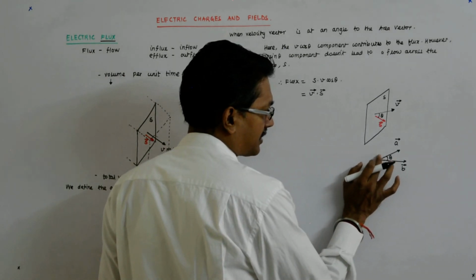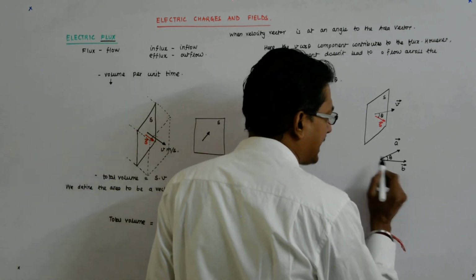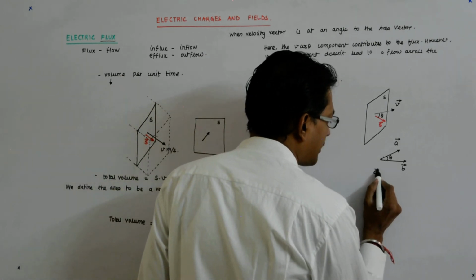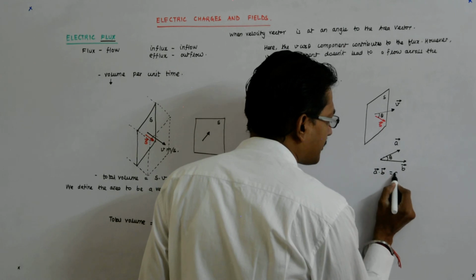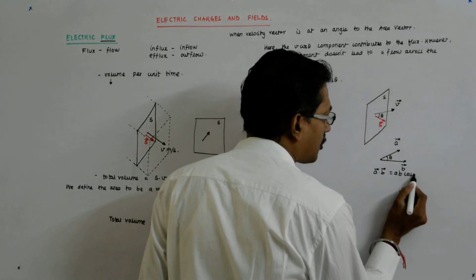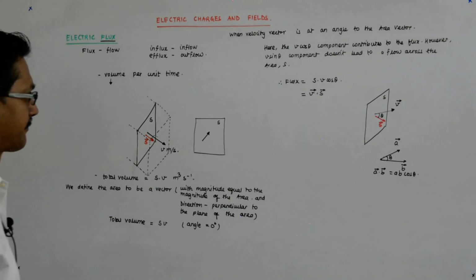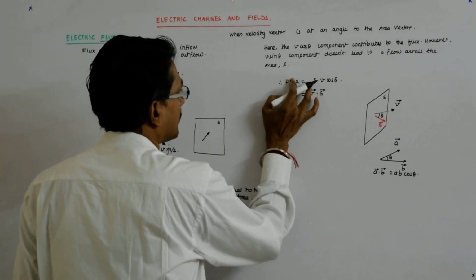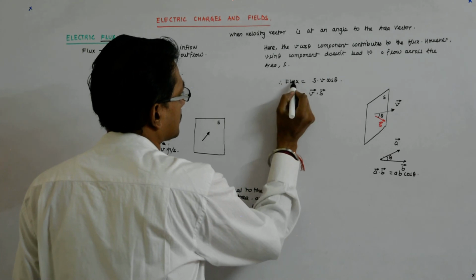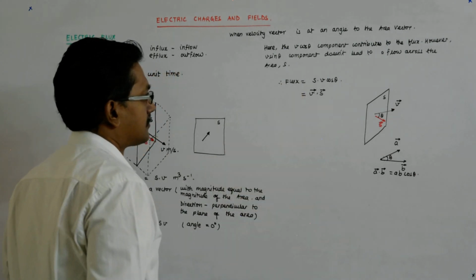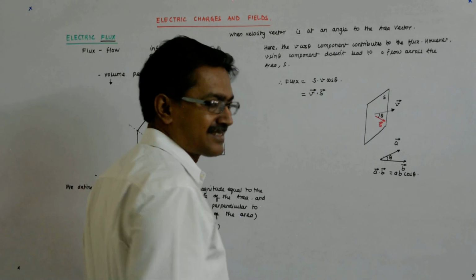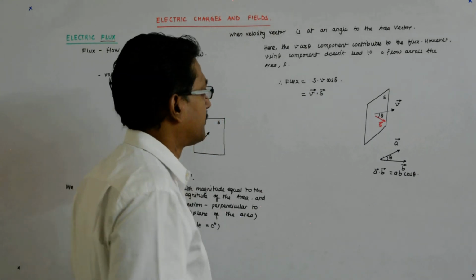So it is the smaller of the angle between the two, then A dot B is given by AB cos theta. Okay? So it is V into S, V dot S, right? It is V dot S.